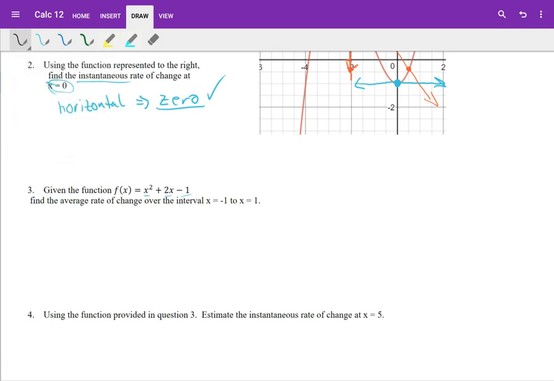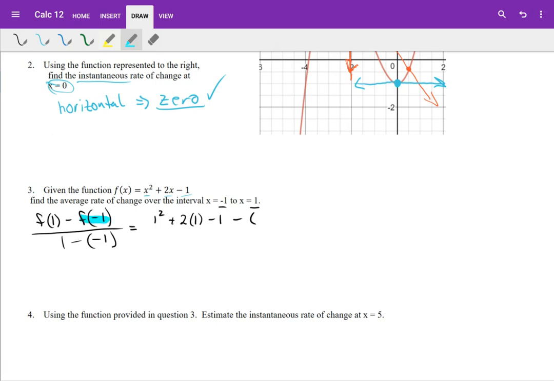Remember, to find the average rate of change from -1 to 1, it's f of 1 minus f of -1 over 1 minus a -1. And so f of 1 is simply 1 squared plus 2 times 1 minus 1, minus f of -1, right?